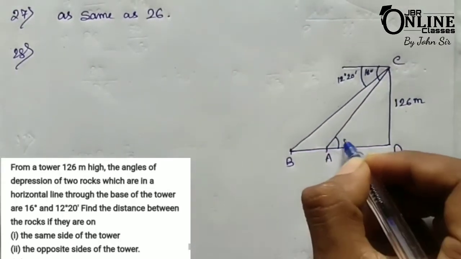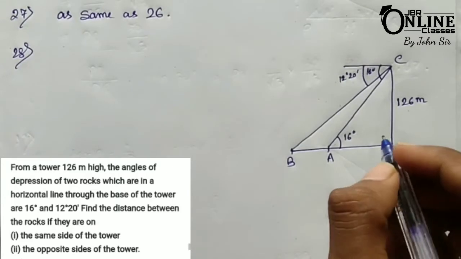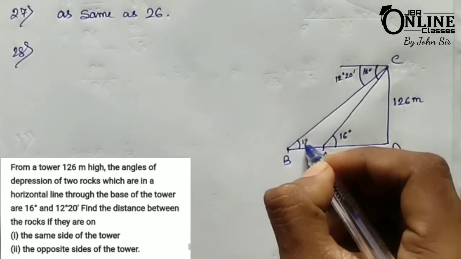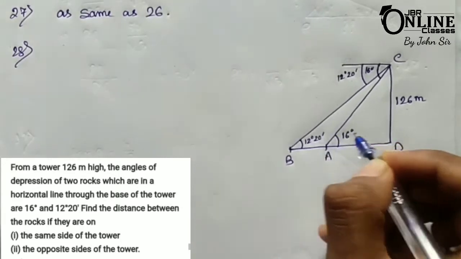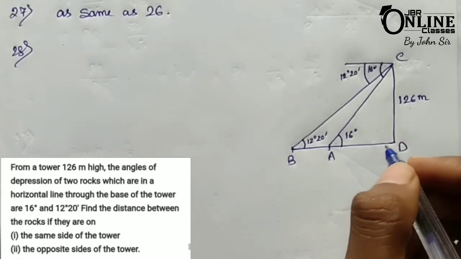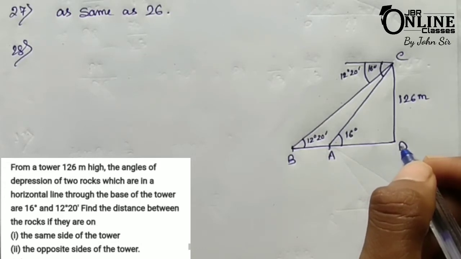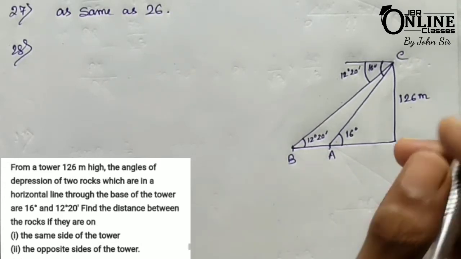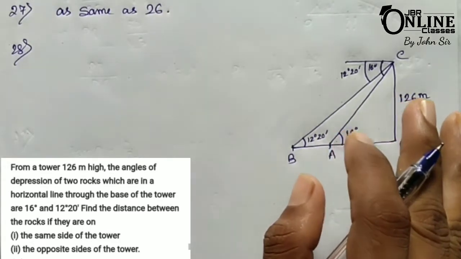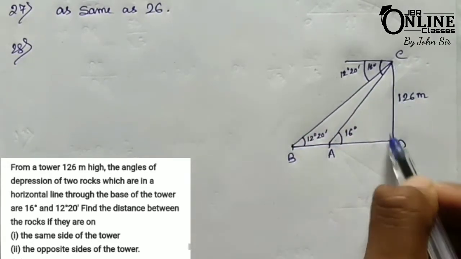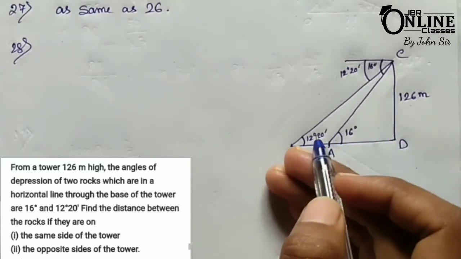So by alternate angles, this one will equal 16 degree, and this one equals 12 degree 20 minute. Now you have to find the distance between the two rocks when they are on the same side or on opposite sides. So that is the diagram of the problem where the two rocks are on the same side. That means here the tower, and the two rocks are on the same side.